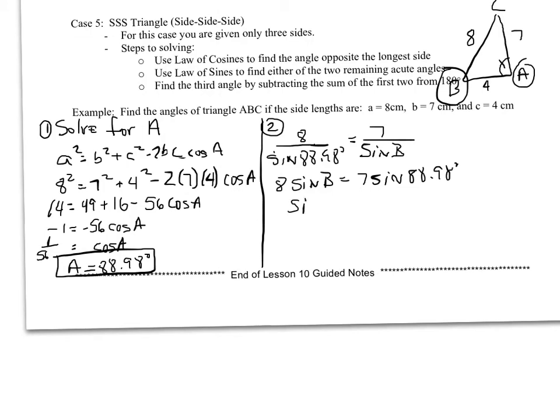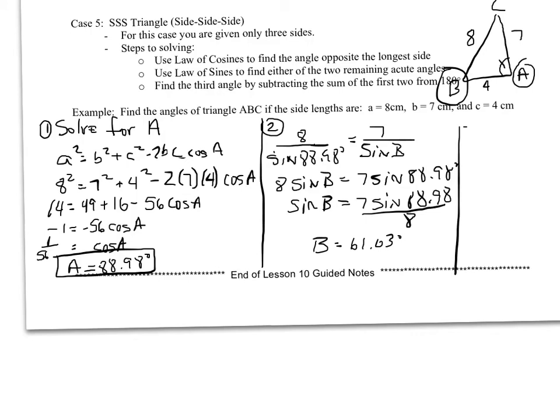Therefore the sine of angle B is equal to 7 times the sine of 88.98 divided by 8. Taking the inverse sine of all that, we get B is equal to 61.03 degrees.